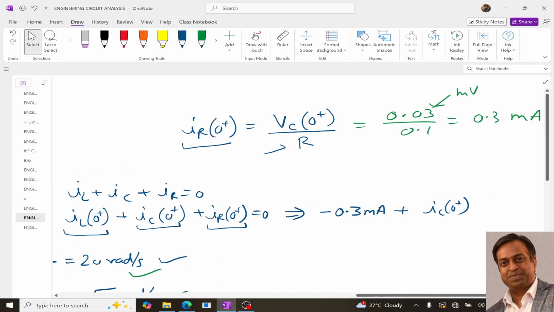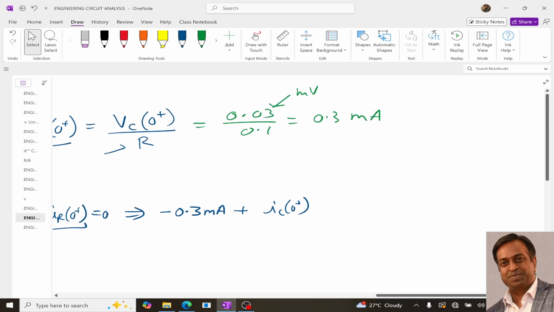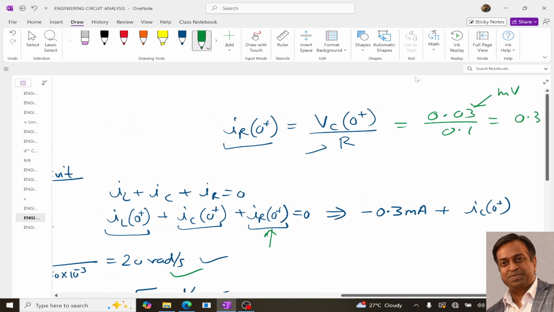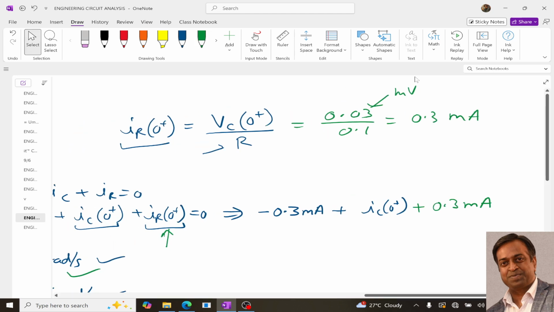So our R is this. Substituting this value over here, it will be plus 0.3 milliampere, right? 0.3 milliampere. So just a minute, I guess I made a little mistake.